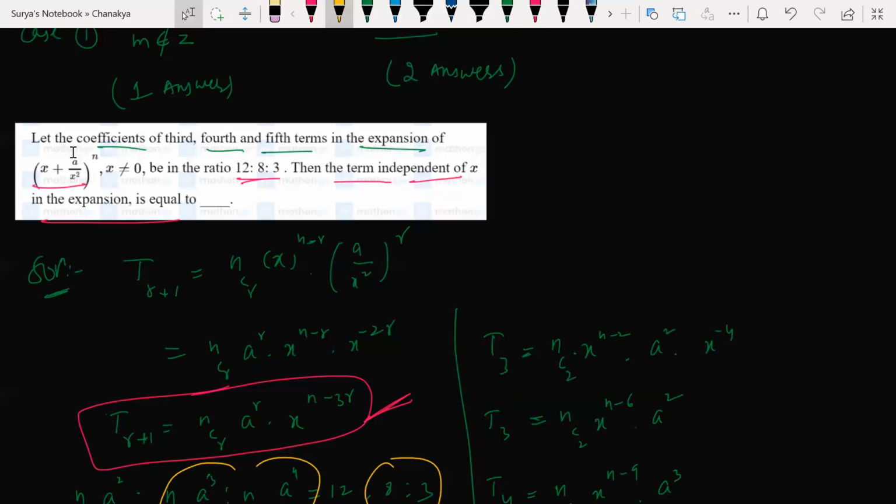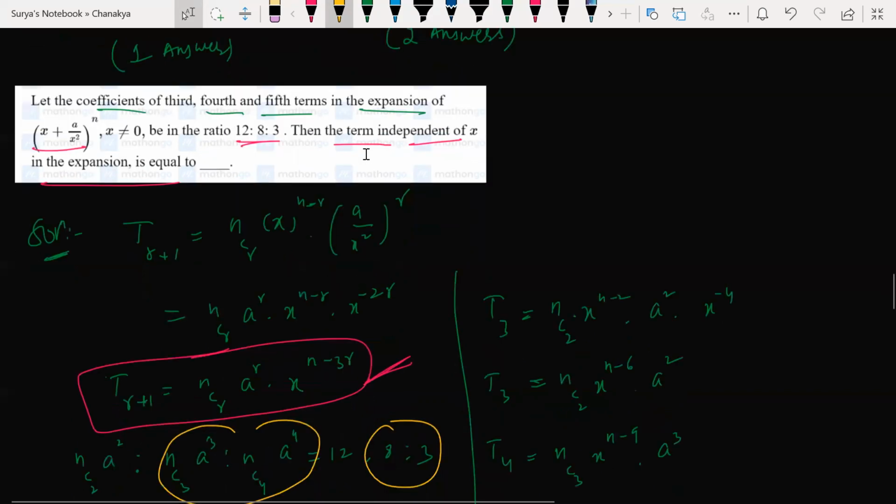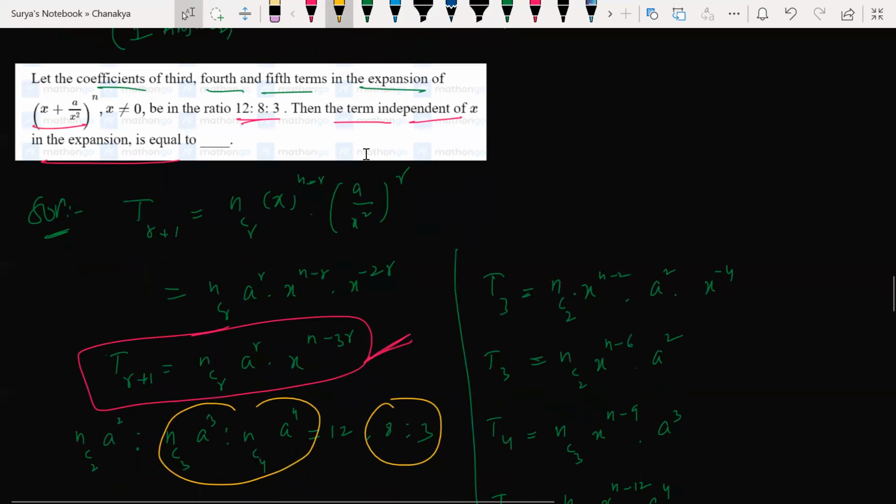I mean, is the nearest integer being asked or what? So 4, independent term. I'm getting almost that, 15 by 4. So 4 would be the answer, beta. Four is the answer. You can write 4.